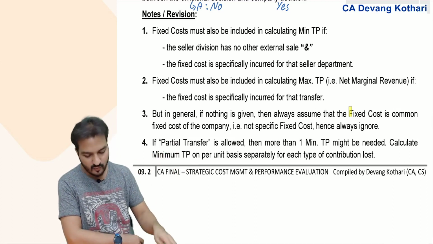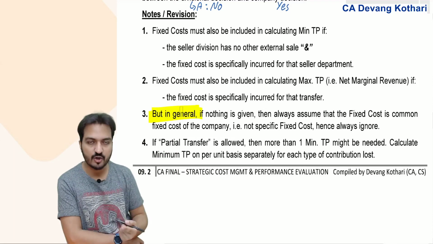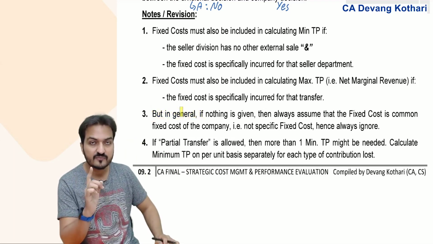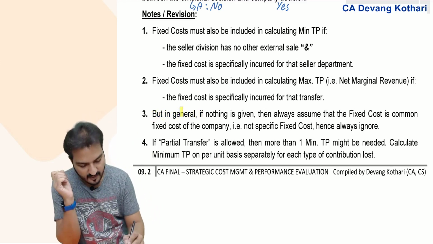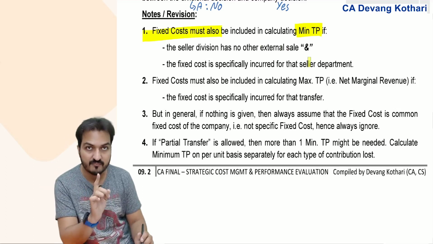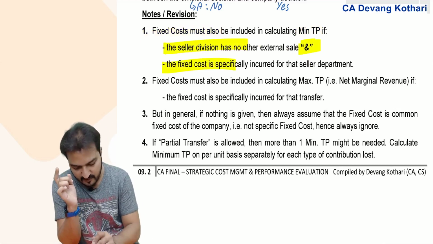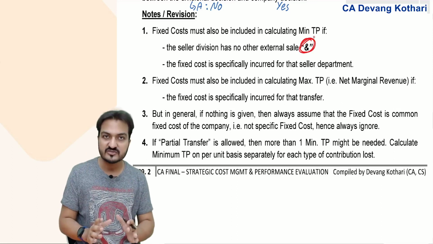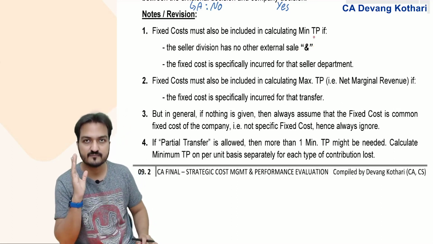This will be the general assumption unless they specifically say in the question that the fixed cost is division specific and the division has no other external sale. So in minimum TP, fixed cost will be taken only if both these conditions are fulfilled. Look, I have written 'and' between these two conditions. So only if both conditions are fulfilled, only then minimum TP will include the fixed cost.